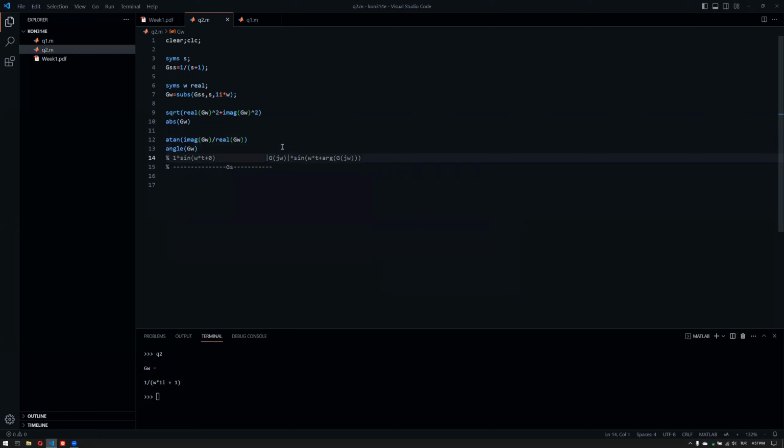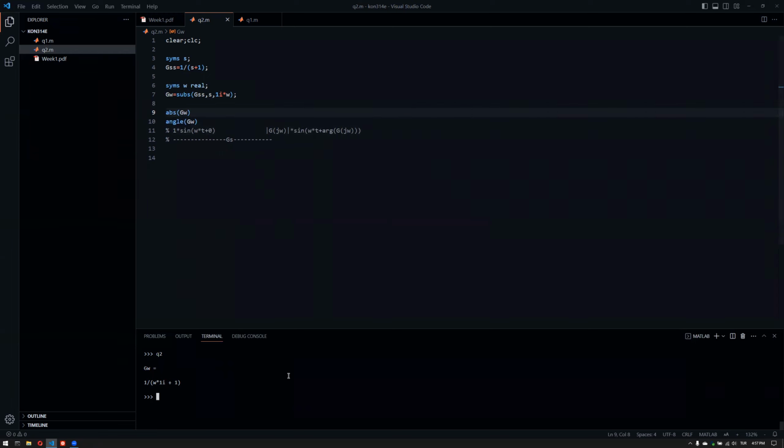This is basically the same. So I'm going to go with the simpler expressions here, like this. And you can see the angle of this, and the absolute value of this, are again some values depending on omega. Now, since the angle is in radians, I can also convert it into degrees by using this ratio here.